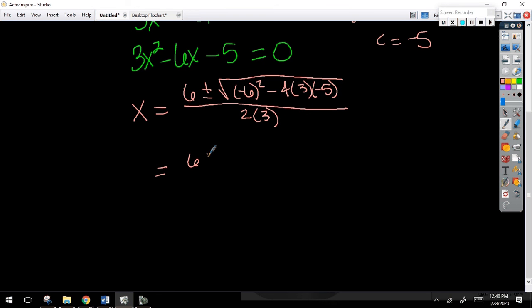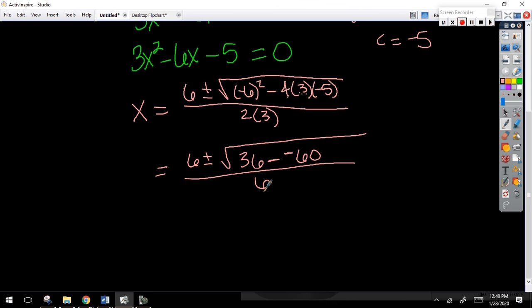So I got 6 plus or minus square root of, what's negative 6 squared? 36. 4 times 3 times 5 would be, 4 times 3 is 12, times 5 would be 60. So I got minus negative 60. Watch your signs here. They will really throw you off.